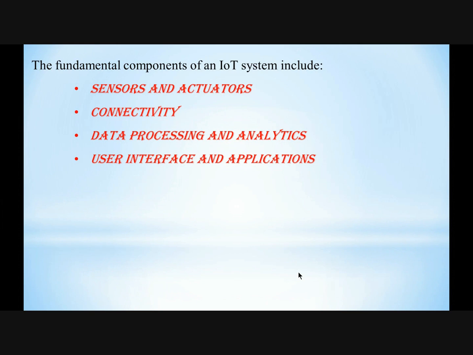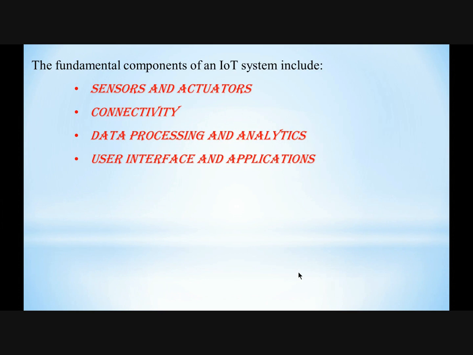Even though they are sensed, the signals can be sent to the user through an alert, video, or some other footage. So this is how signals can be sent. This is where data processing and analytics plays a major role.